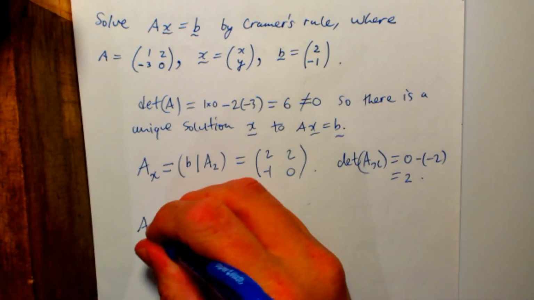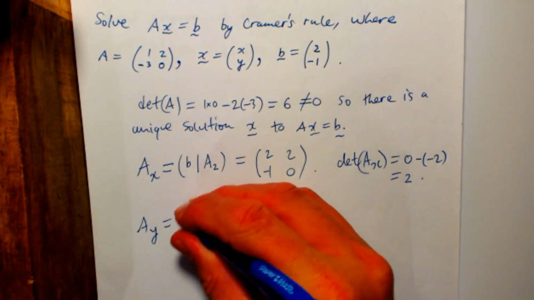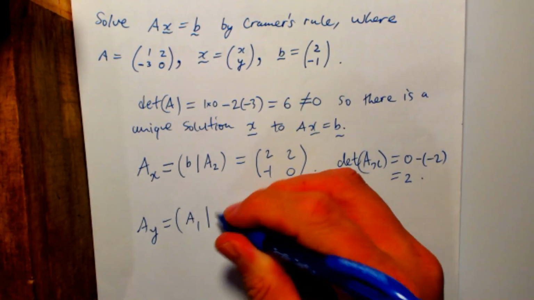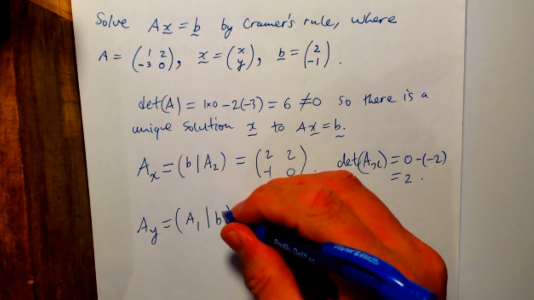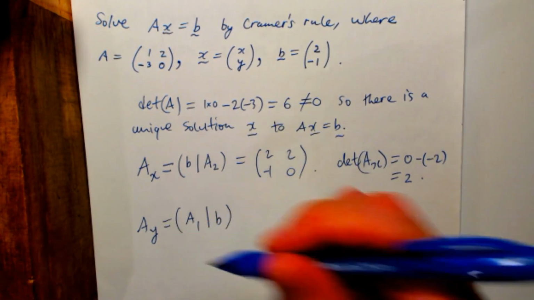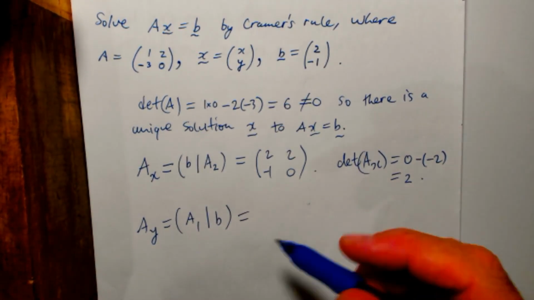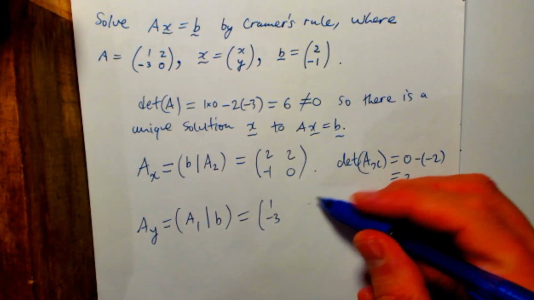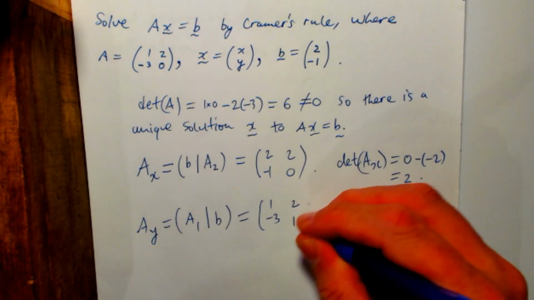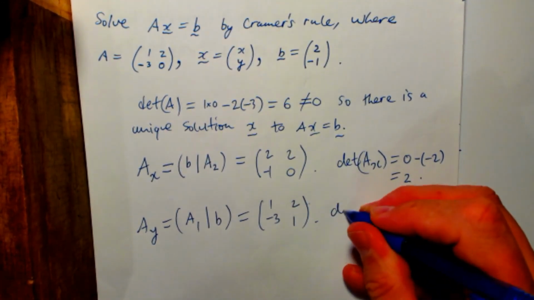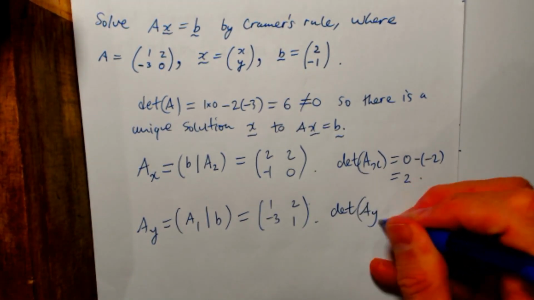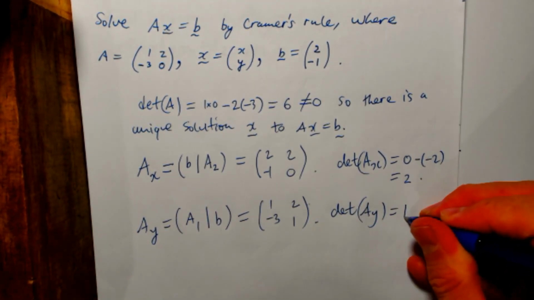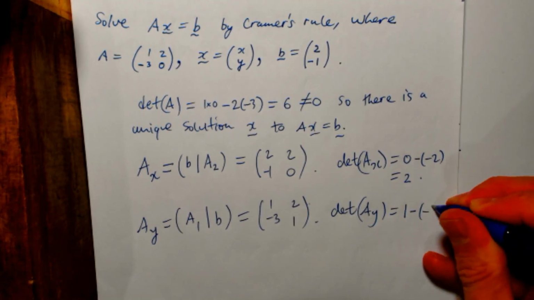Okay, similarly, A subscript y is A1 concatenated with b in the second column, because that's the y column. So A1 is the first column of A, so (1, -3). Now b is (2, -1). Okay, its determinant is equal to 1 times -1 minus 6.